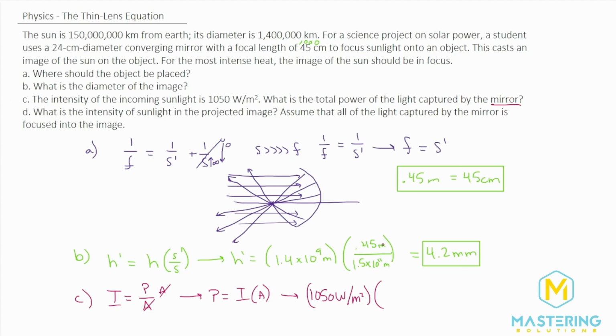And we're dealing with a spherical mirror, so it's going to be the area of a circle. The area of the circle, as you know, is pi r squared. So we have pi, but what is the radius? We're told that the diameter of the mirror is 24 centimeters. So we're going to take 0.24 meters, divide that by 2, and then square it.